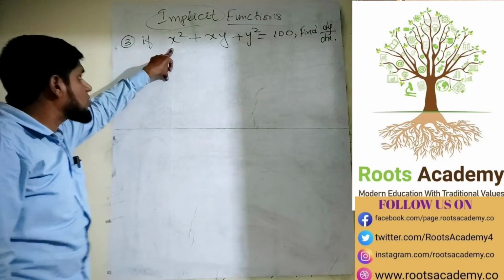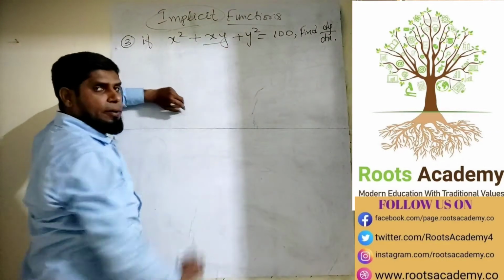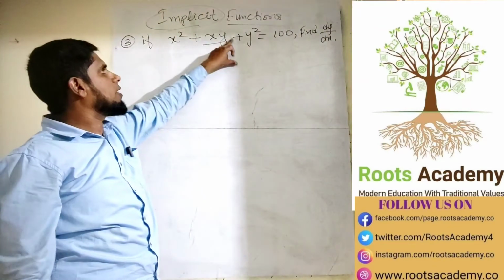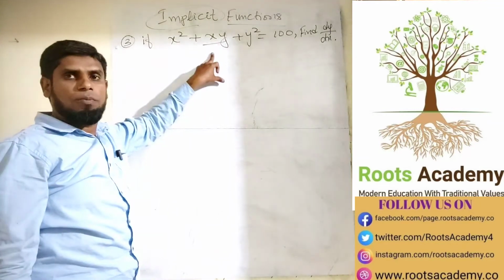Here again, in this function, students, independent and dependent variables are multiplied together. So in this case, we should use the product rule.